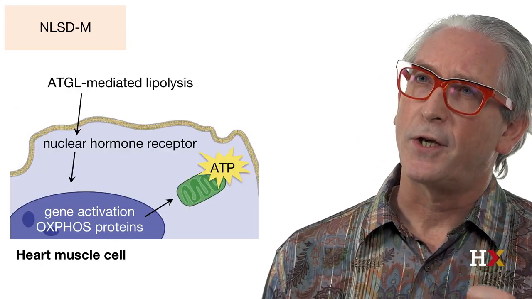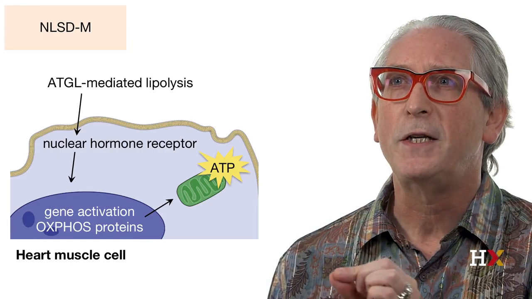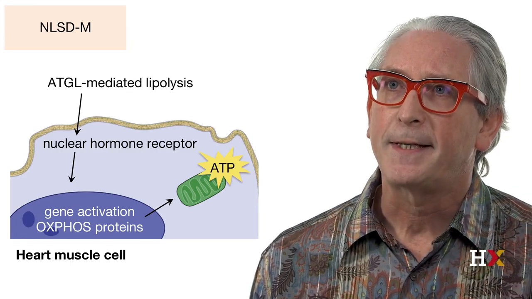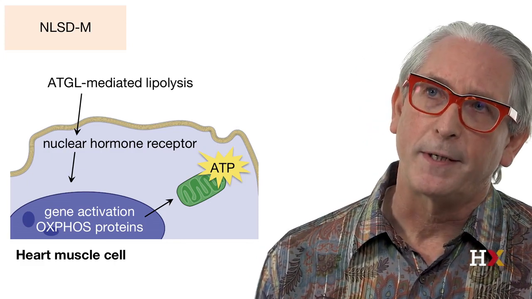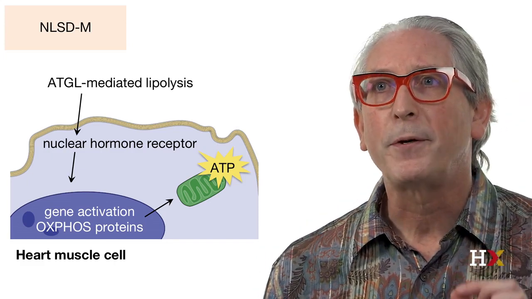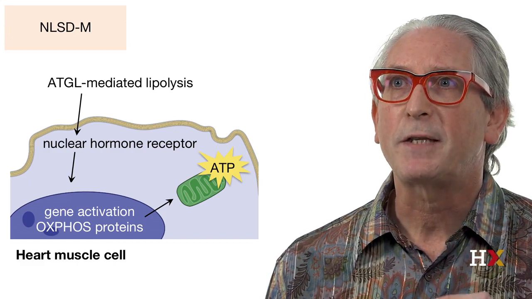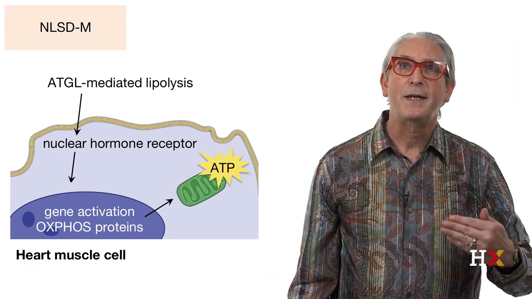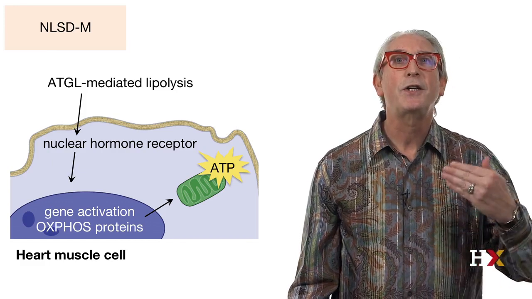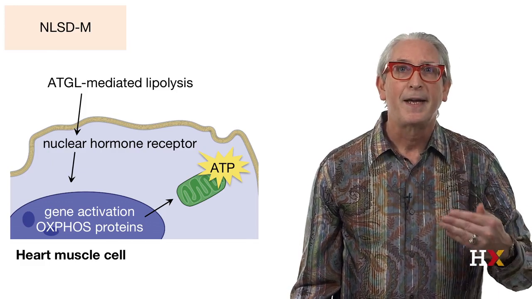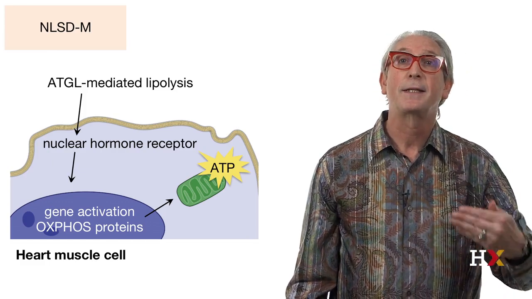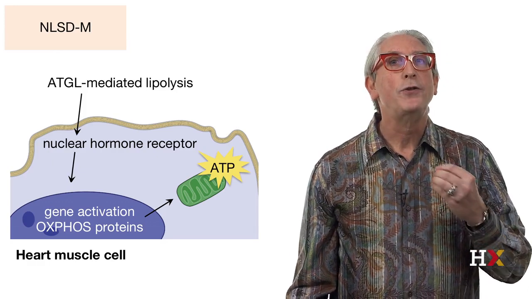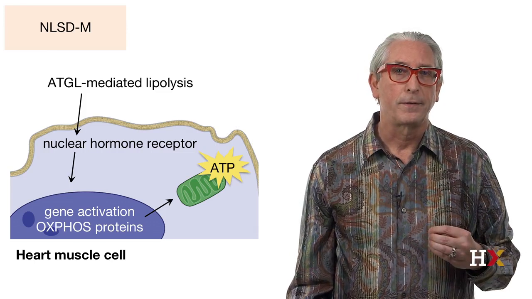How exactly does disrupting the function of ATGL lead to cardiomyopathy? Fatty acids released by lipolysis are needed for proper cell signaling and gene expression in mitochondria. ATGL defects result in oxidative phosphorylation and energy production impairments that affect tissues such as the cardiac muscle that are highly dependent on normal mitochondrial functions.